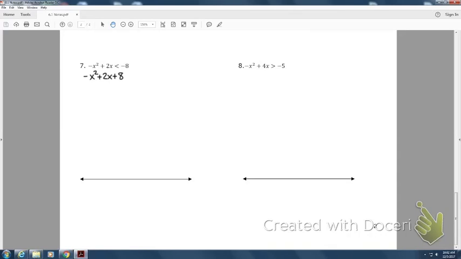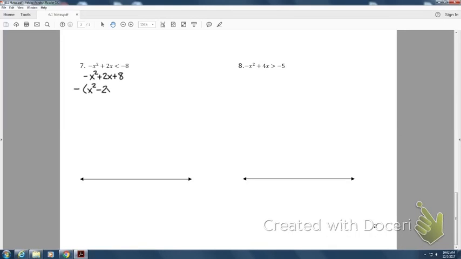Now, before you factor something, your a value needs to be positive. So I've got that negative on the x squared. To combat that, all you do is you factor out a negative, just like it's the greatest common factor. Okay? So if I pull out a negative, what's that going to do to all the signs?